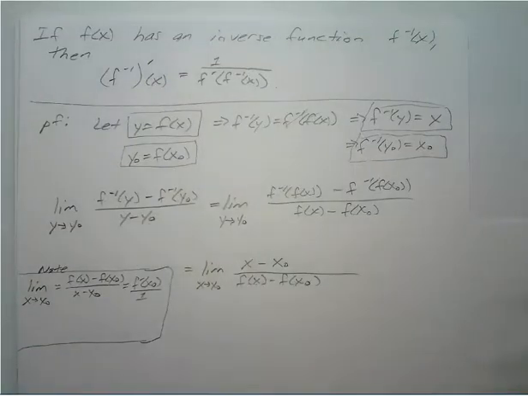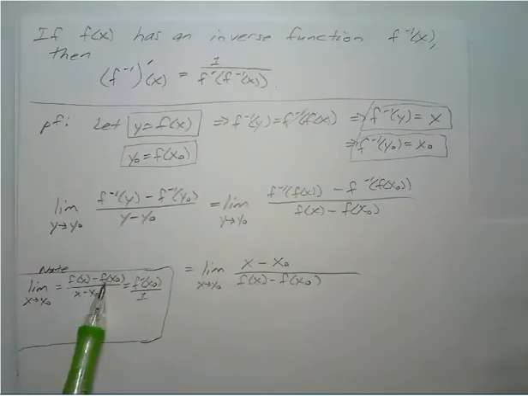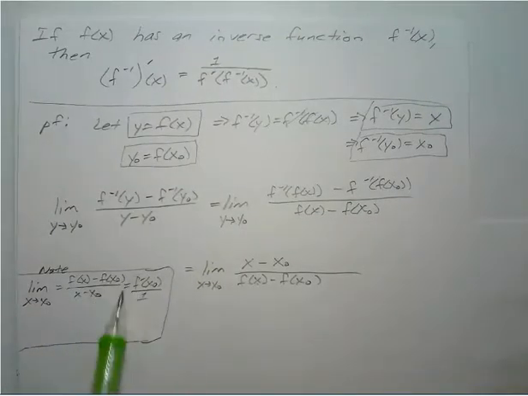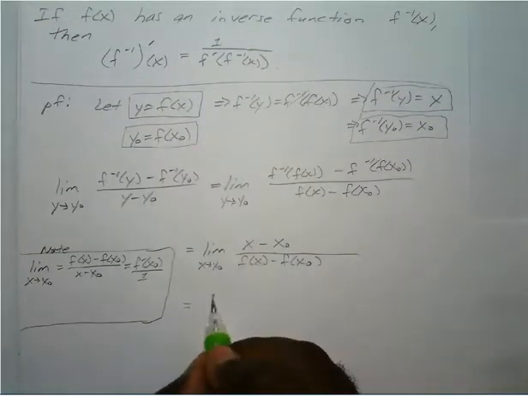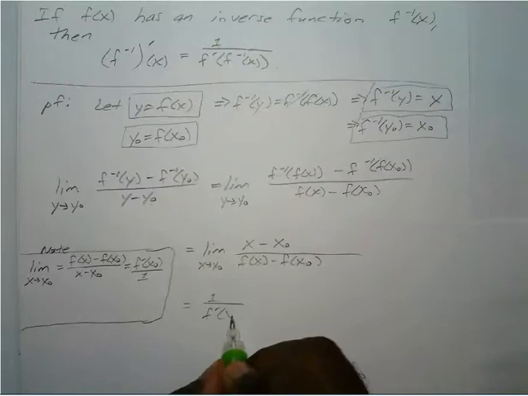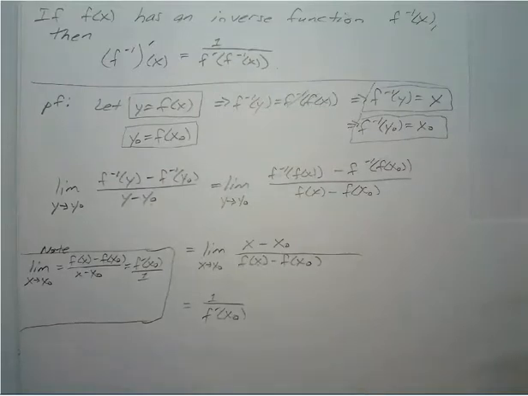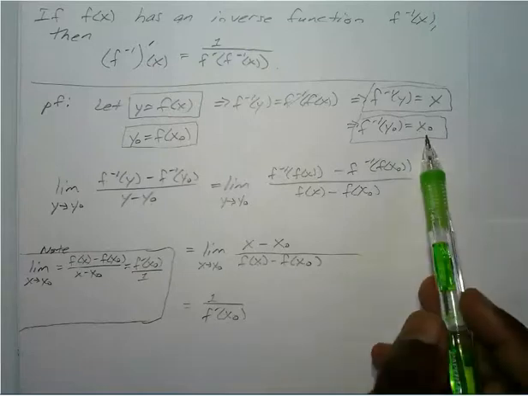Okay, why is that important? Because if you look at where we are now in our proof, it's the reciprocal of our limit definition. Since this is just the reciprocal of our limit definition, we have the reciprocal of our derivative. So that's equal to 1 over f prime of x sub 0. In this case, what is our x sub 0?